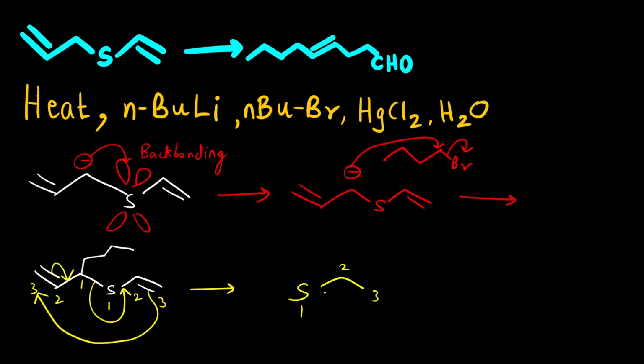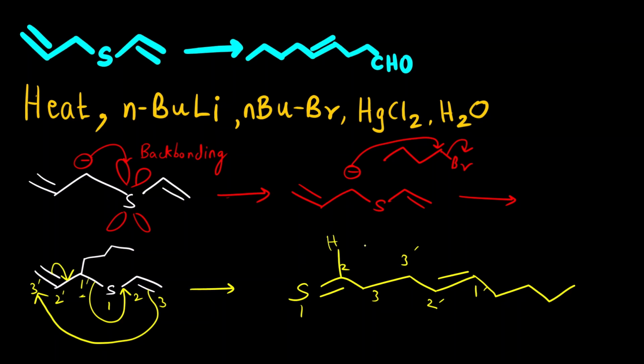Between 1 and 2 a pi bond is formed, 2 and 3 is sigma, 3 and 3 is also sigma, 3 and 2 again sigma, and last 1 and 2 a pi bond. We can label them 1 prime, 2 prime and 3 prime to know the difference. At 1 prime we have the 4 carbon chain that we drew here.